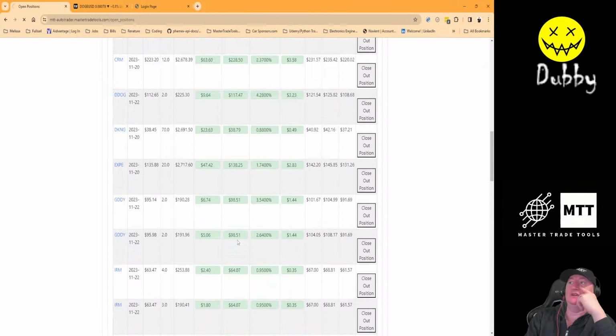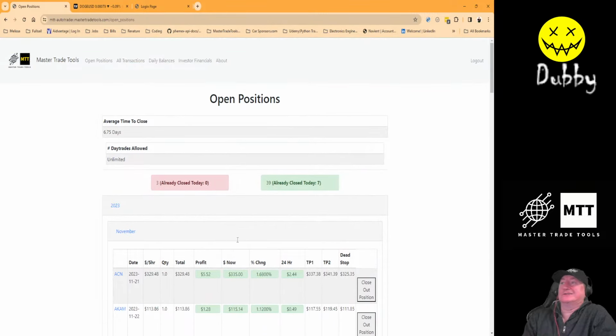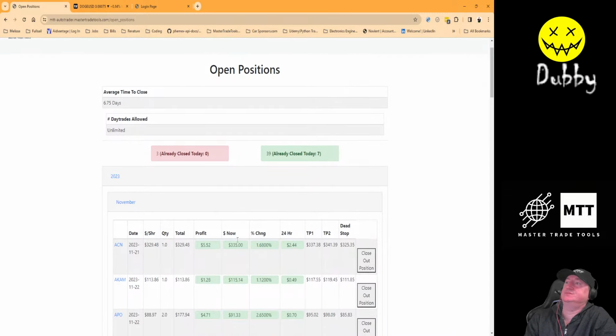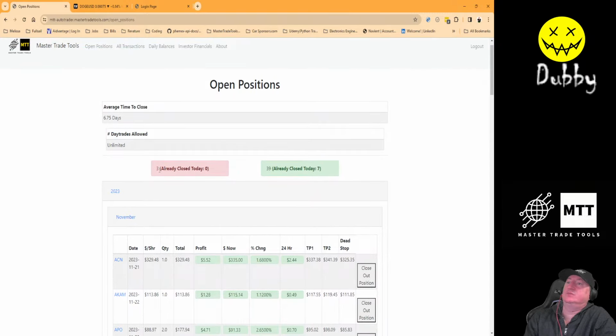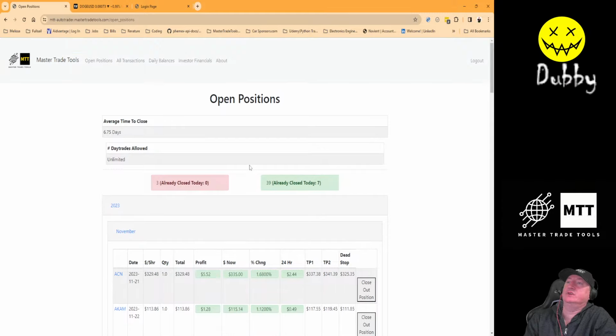So yeah, I don't see any that are like right at the cusp. But with 3 in the red and 39 in the green, we're in good shape.